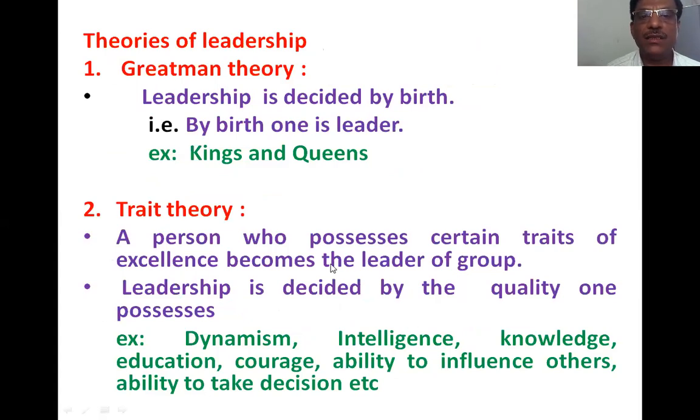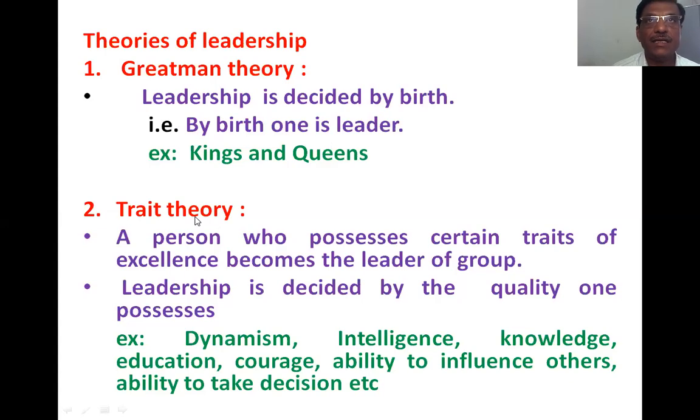For example, son of a queen becomes the king, son of a king becomes the king, daughter of a king becomes the queen. So according to this theory, the leadership is decided by birth.